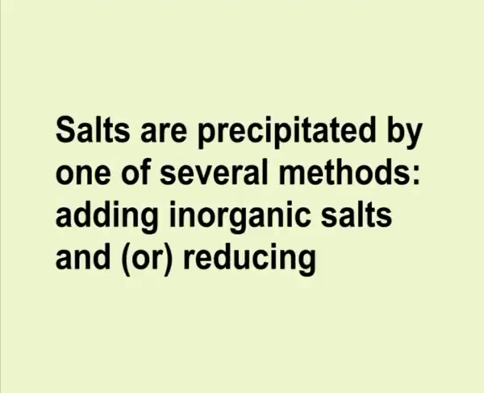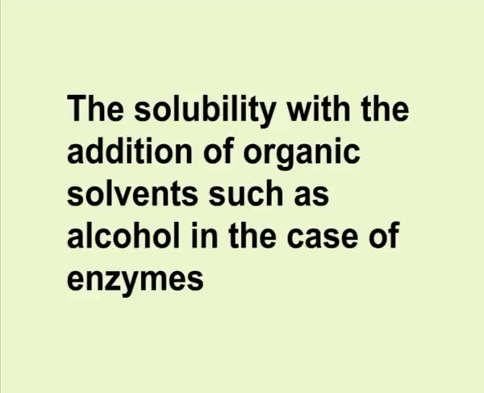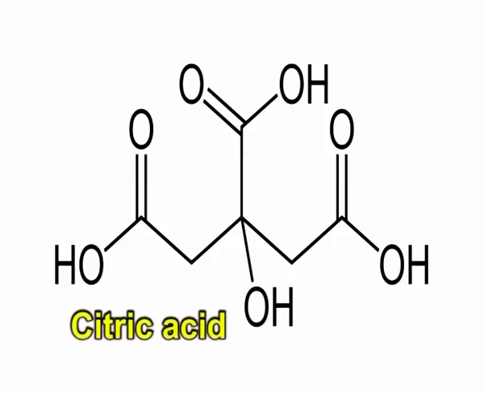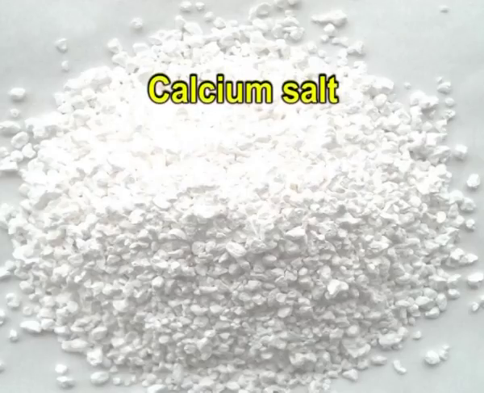Salts are precipitated by one of several methods: adding inorganic salts, or reducing the solubility with the addition of organic solvents such as alcohol in the case of enzymes. Lactate and oxalate salts of erythromycin have been so isolated, and citric acid has been isolated with its calcium salt.